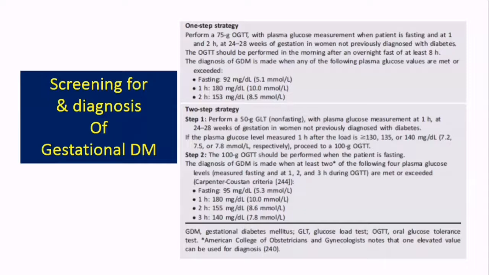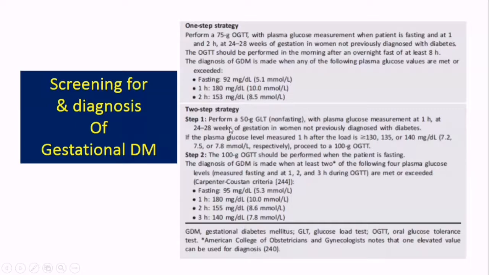The diagnosis of GDM is made when any of the following plasma glucose values are met or exceeded: fasting 92, 1 hour 180, and at 2 hours 153 milligrams per deciliter. So if any single criterion is met, then you think that the patient is suffering from gestational diabetes mellitus. This is the one-step strategy. So then what is the two-step strategy?